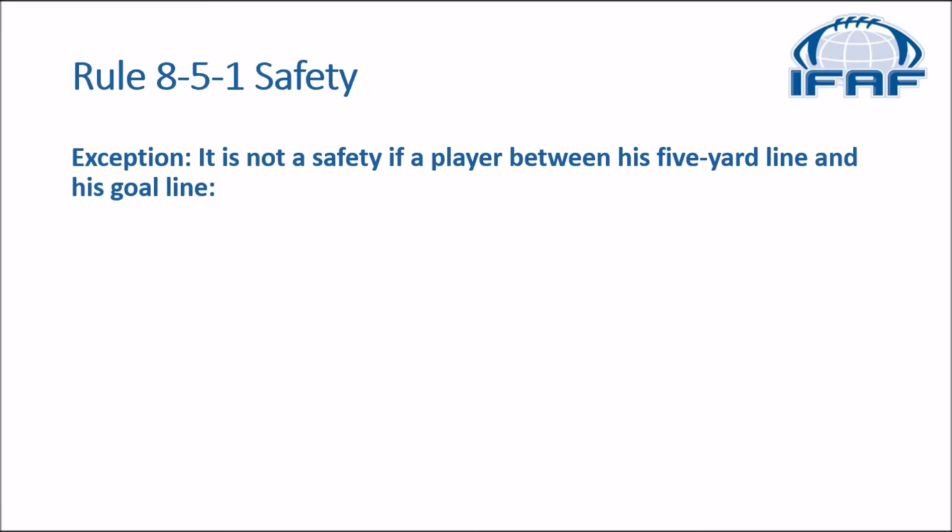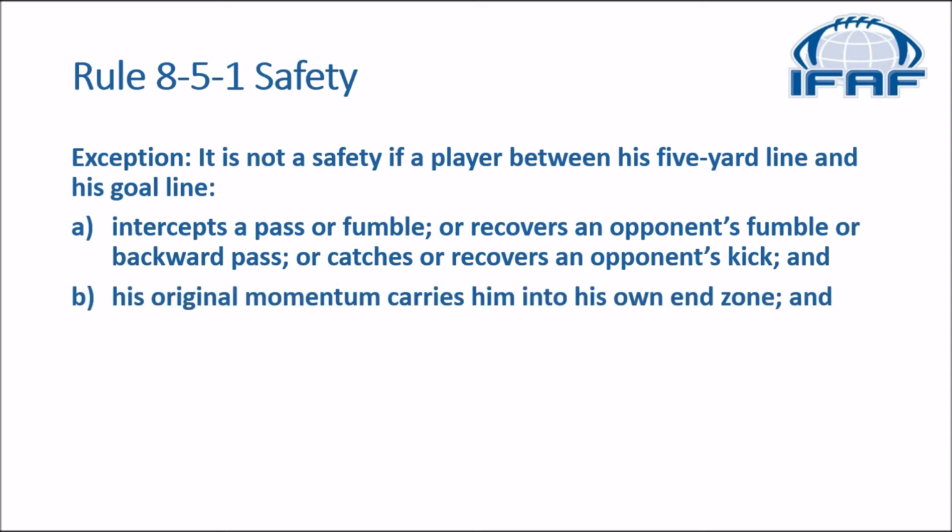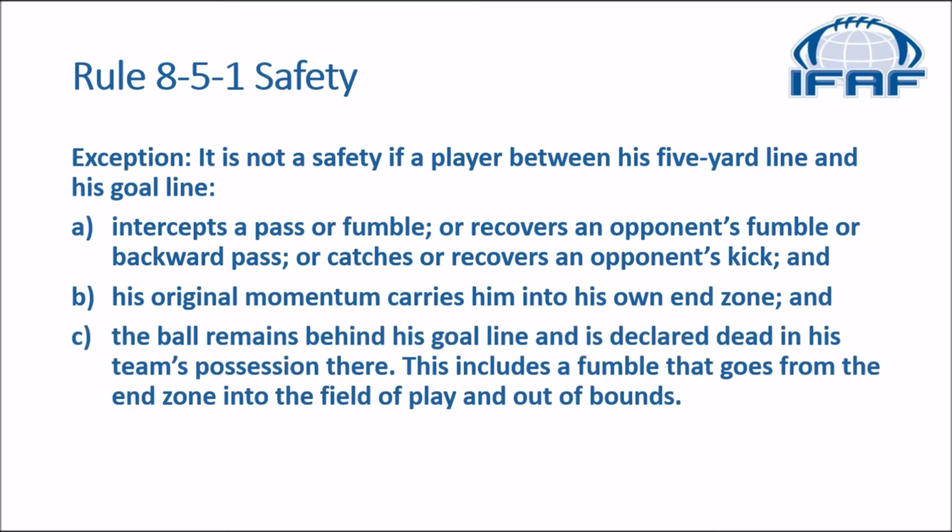In the rulebook, we go to Rule 8-5-1 Safety and look at the exception. It is not a safety if a player between his 5-yard line and his goal line A. intercepts a pass or fumble or recovers an opponent's fumble or backward pass or catches or recovers an opponent's kick and his original momentum carries him into his own end zone and the ball remains behind his goal line and is declared dead in his team's possession there.